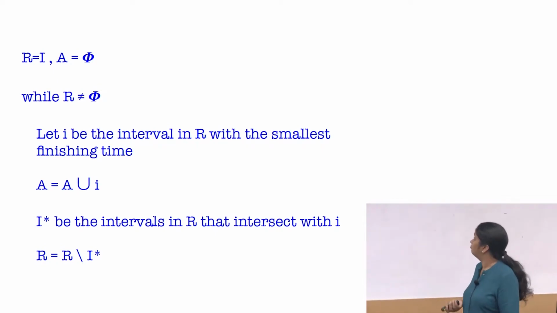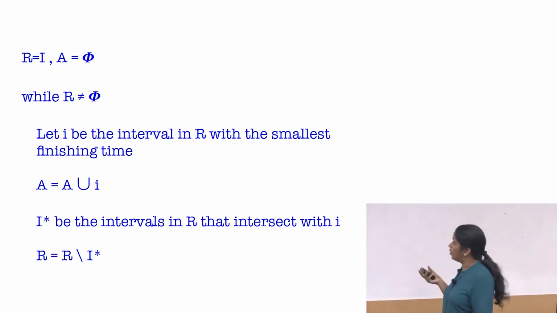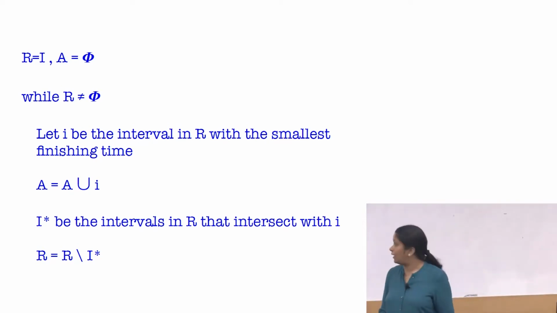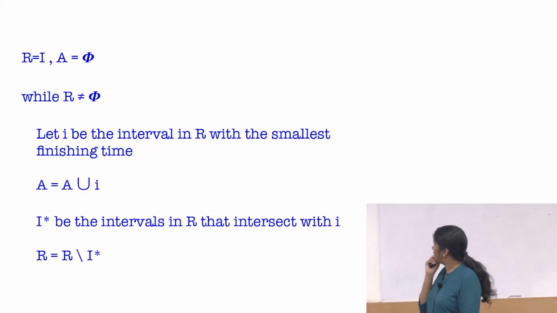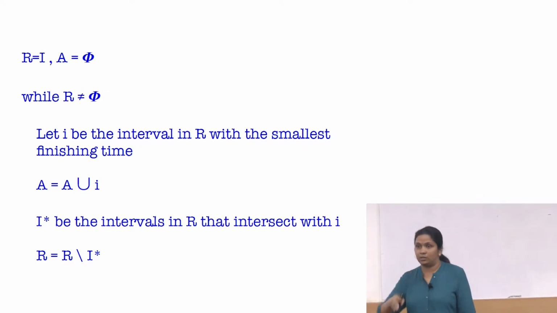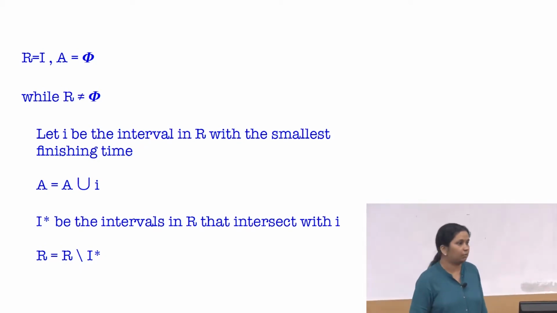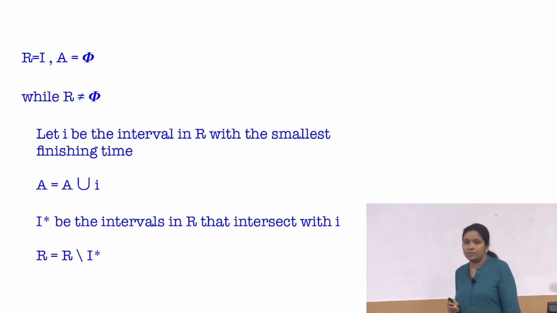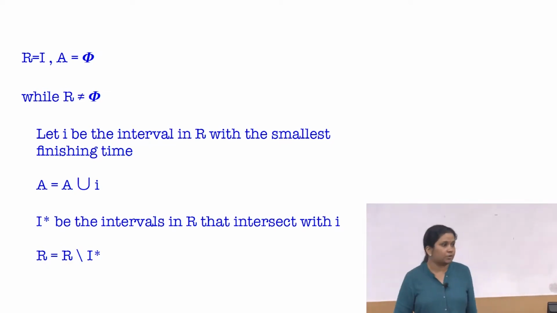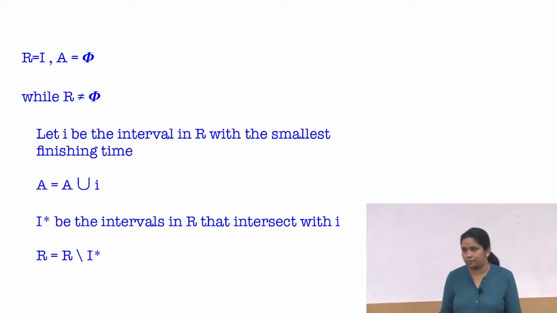Then while there are intervals in R, select the interval with the smallest finishing time, add it to the solution, delete the intervals that intersect with the selected interval, and repeat with whatever remains. Now you want to prove that this is correct for all possible families of intervals.